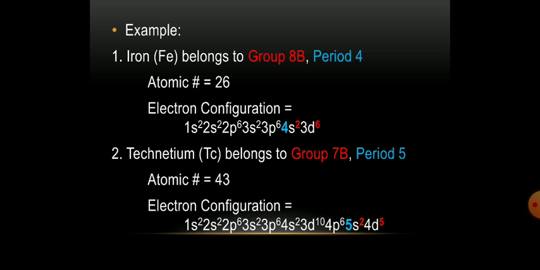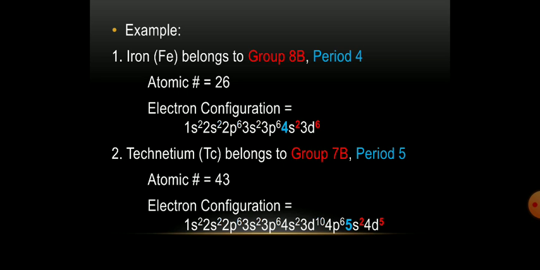Now students, let us go to the next example, technetium, which belongs to group 7B, period 5, and has atomic number 43. If we illustrate its electronic configuration, it comes from period 5 and group 7B.